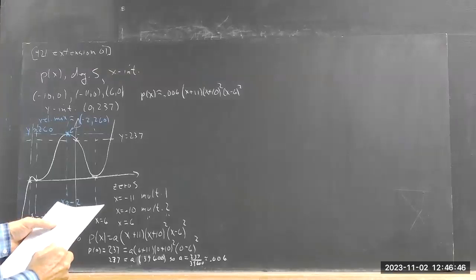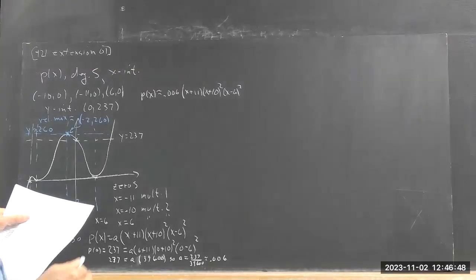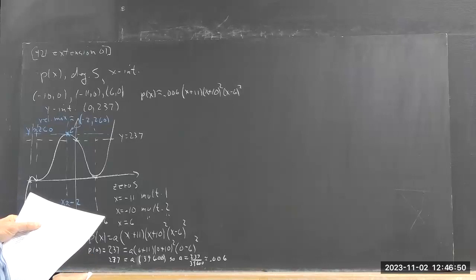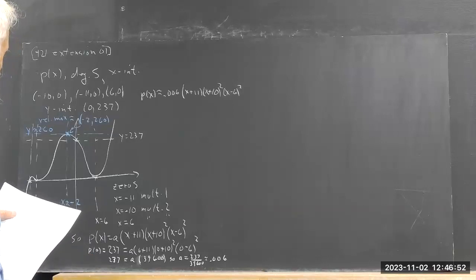Now, the point 0.1 units to the left and 0.1 units to the right of the relative maximum.